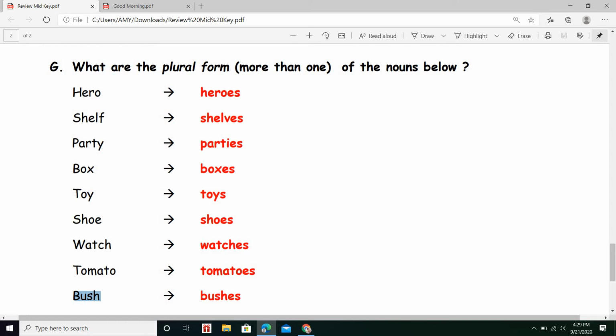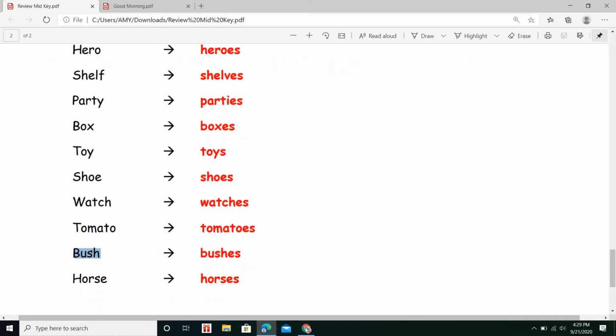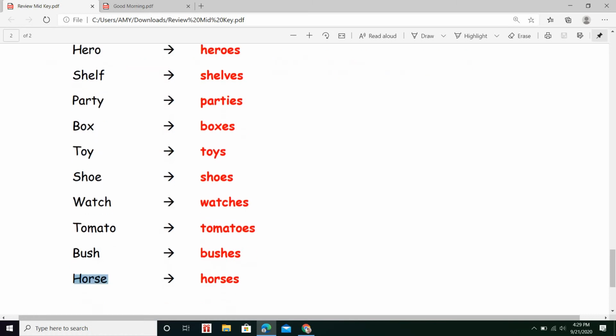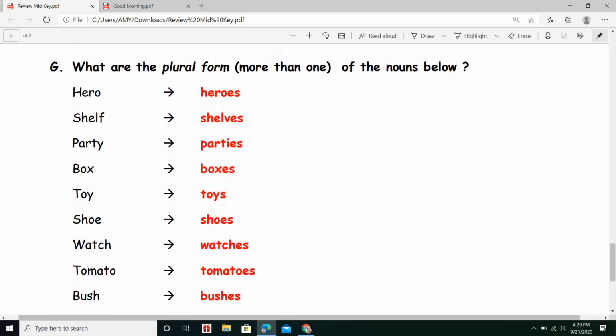Now we are going to find out their plural forms one by one. As you see, Miss Asmi already wrote down the correct answers for their plural forms.